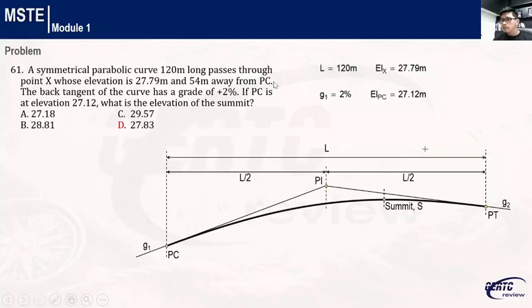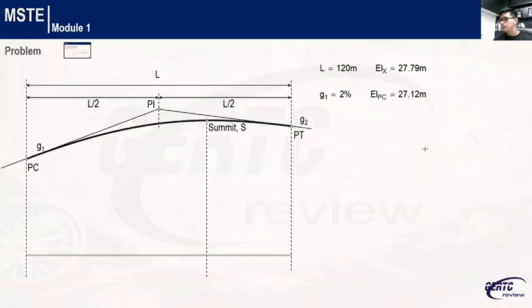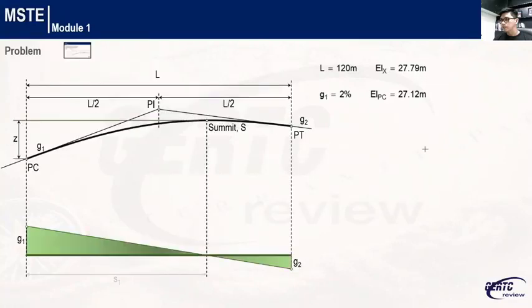Saan ba yun? Ito, 54 meters away from PC. Okay? So, bale, X1 is 54 meters. Okay? Define ko lang yung mga givens natin.